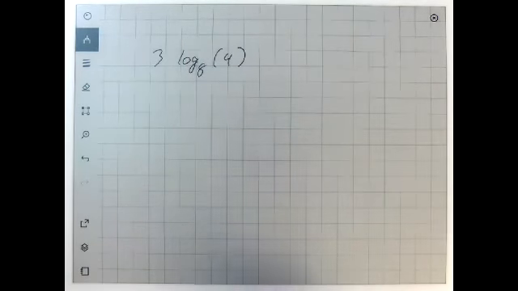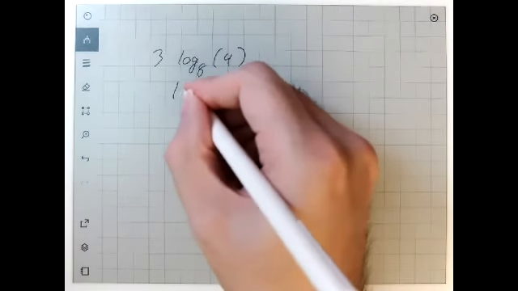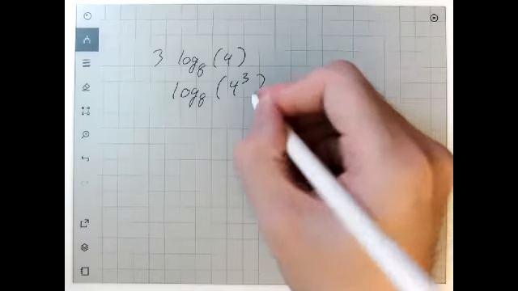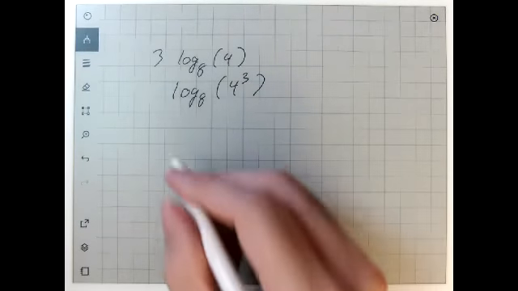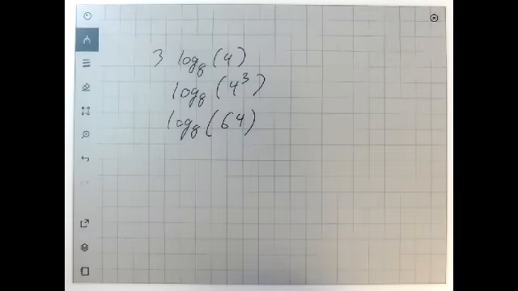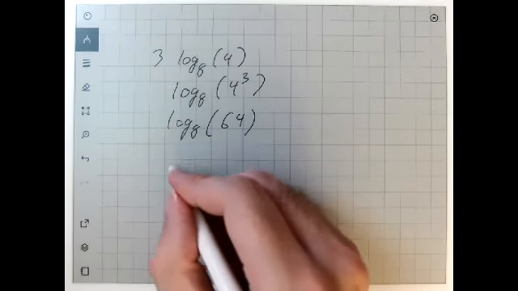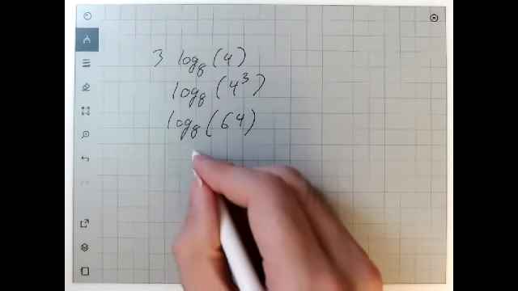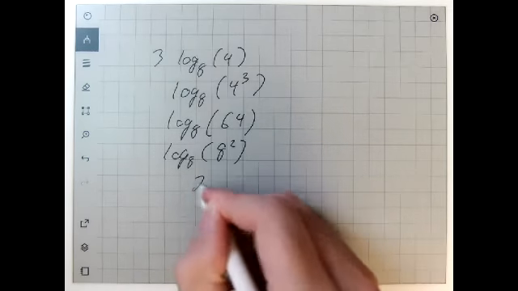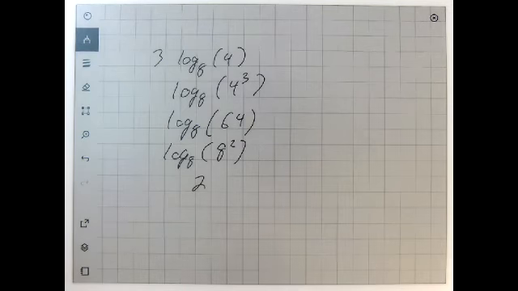For example, if we have 3 times the log base 8 of 4, well, that's the same thing as the log base 8 of 4 cubed, and 4 cubed is 64, which is 8 squared, so 3 times the log base 8 of 4 comes out exactly as 2.